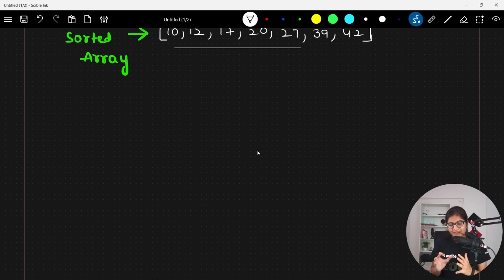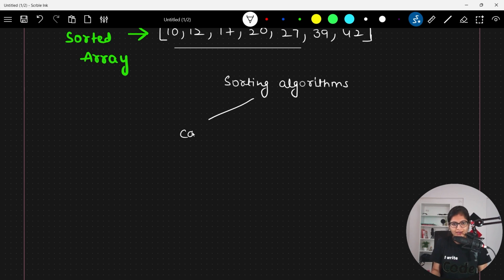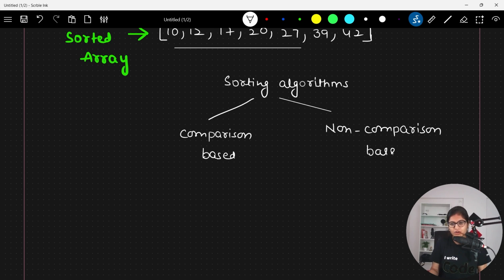Your answer should be that, broadly classified, the sorting algorithms are divided into two parts. Any sorting algorithm you come across is broadly classified into two parts. One is what we call a comparison based sorting algorithm. Another one is what we call a non-comparison based sorting algorithm.